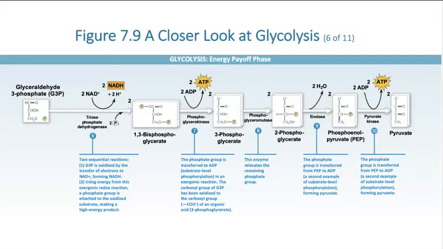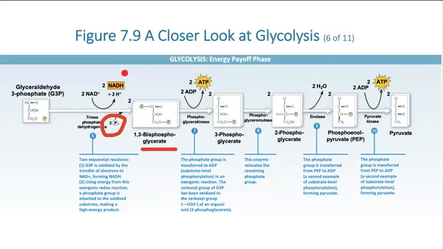We're removing the electrons and removing that hydrogen from the G3P, and that is going to allow us to add in another inorganic phosphate. So what that makes is 1,3-bisphosphoglycerate right there.